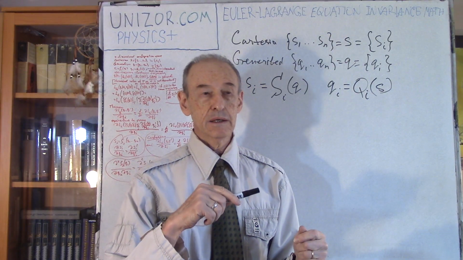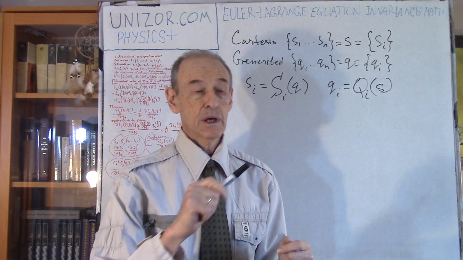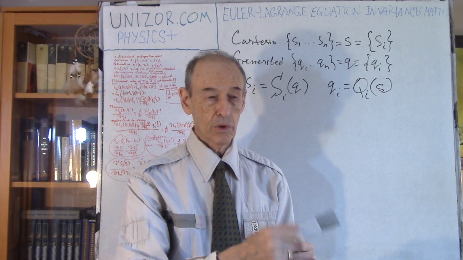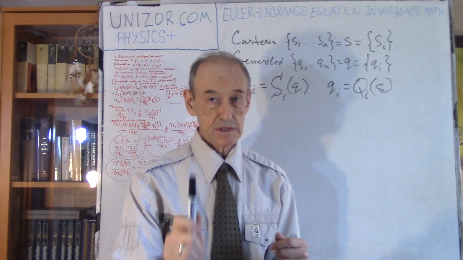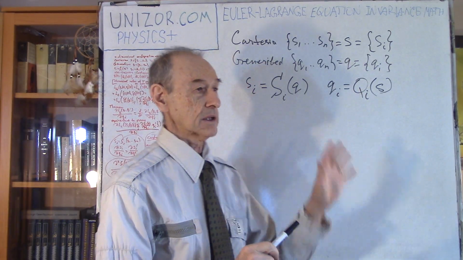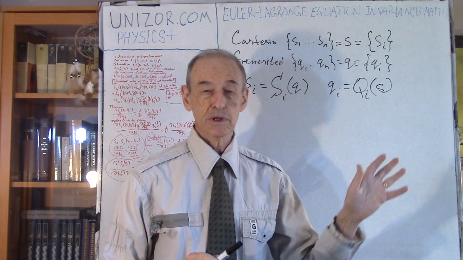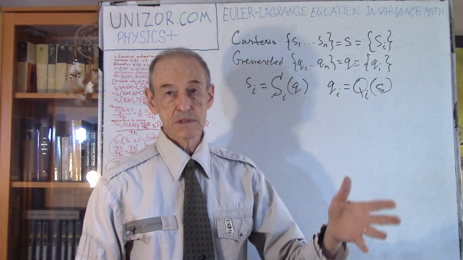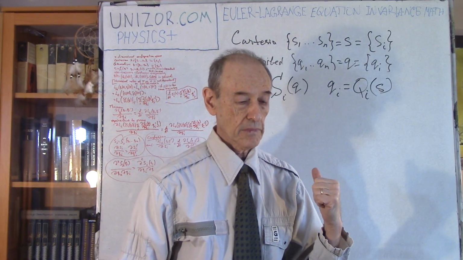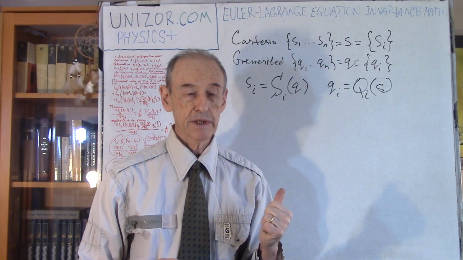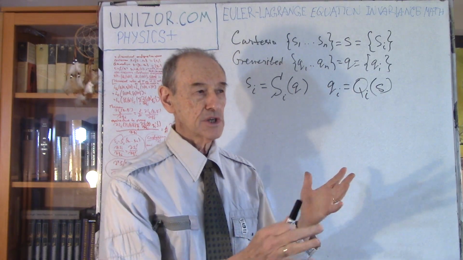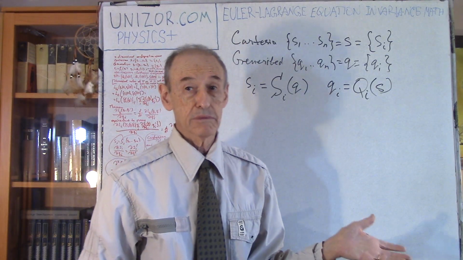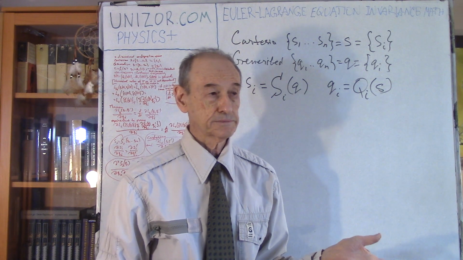Then I derived the Euler-Lagrange equation from Newton's second law in Cartesian systems of coordinates, just based on the fact that the mechanical system is conservative, which means that the force is the gradient of potential energy. From this I derived that the Euler-Lagrange equation is equivalent to Newton's second law.